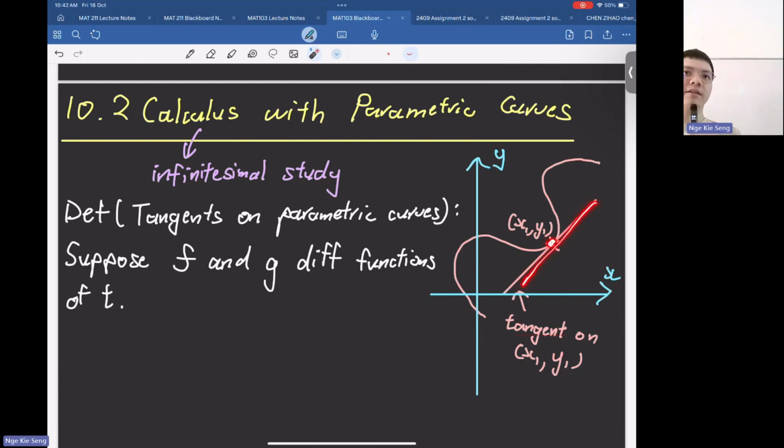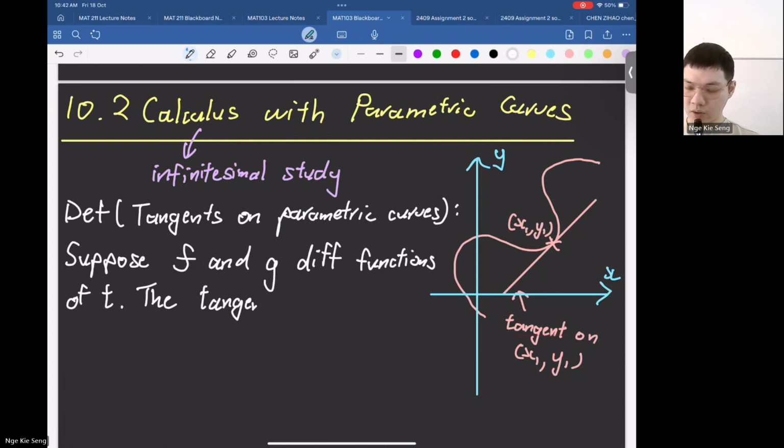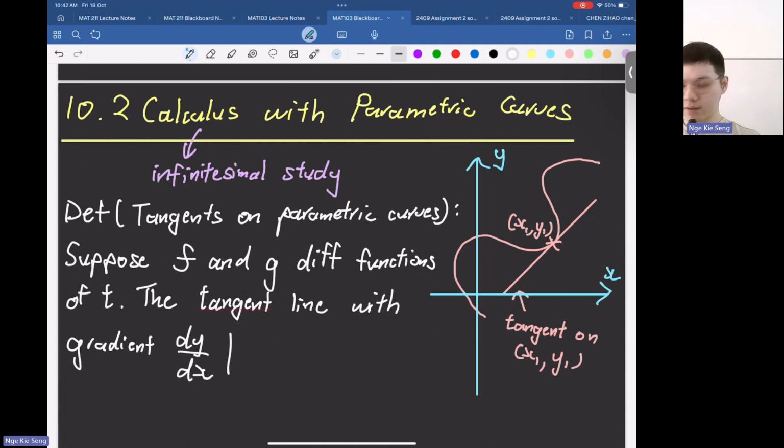We're going to make this precise here. So we will say that the tangent line with gradient dy over dx, evaluated at the point x1, y1.